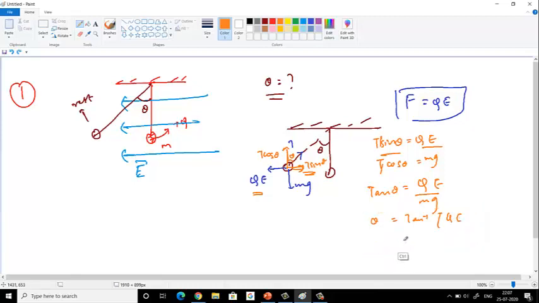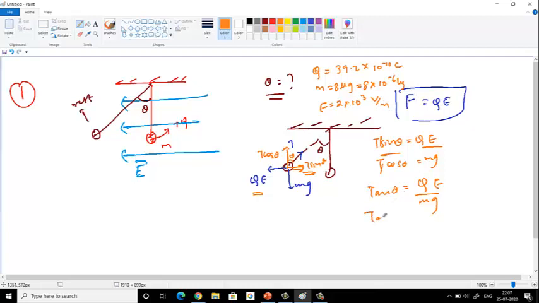Otherwise, if they give you some values, for example in this question, say the charge is given as 39.2 into 10 power minus 10 coulombs. The mass is given as 8 micrograms; micro means 10 power minus 6, so this is 8 into 10 power minus 6 kg. And the electric field, if it is given as 2 into 10 power 3 volts per meter.